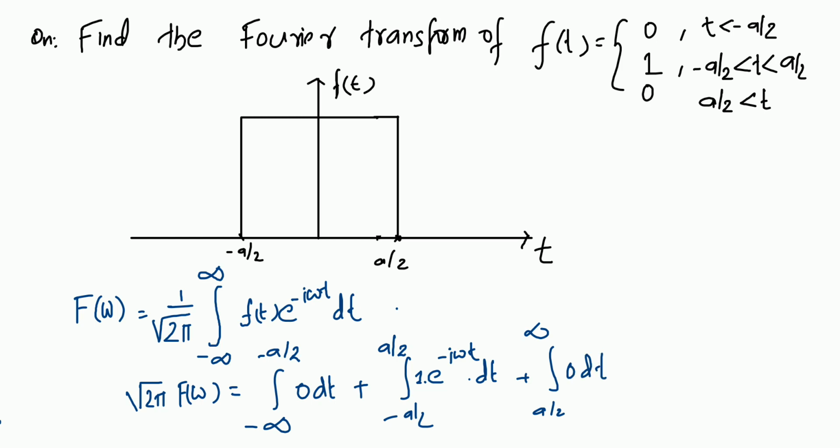So the big function reduces to a simpler form, now it's minus a by 2 to a by 2, e raised to minus i omega t dt. Very simple integral.